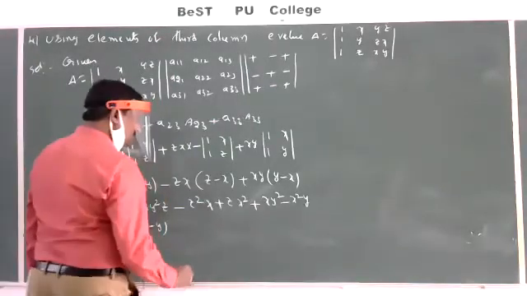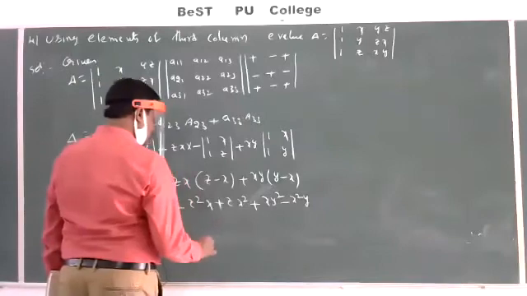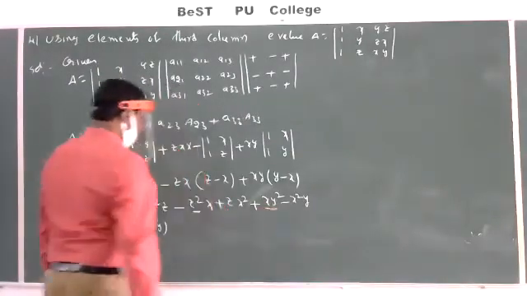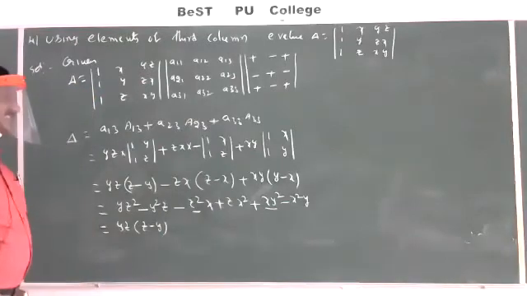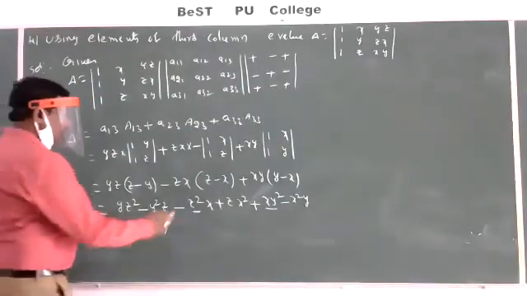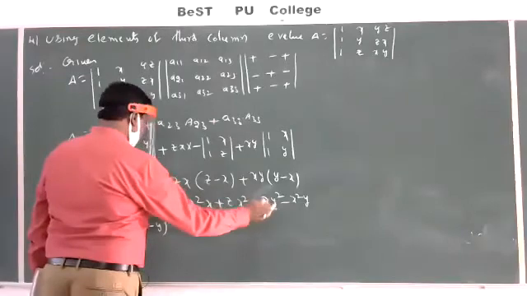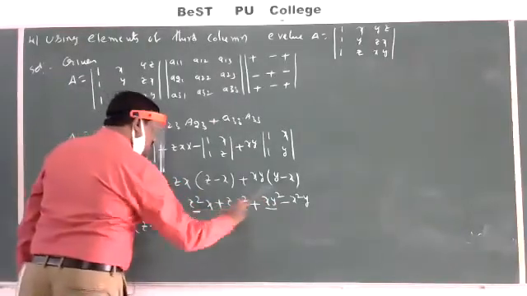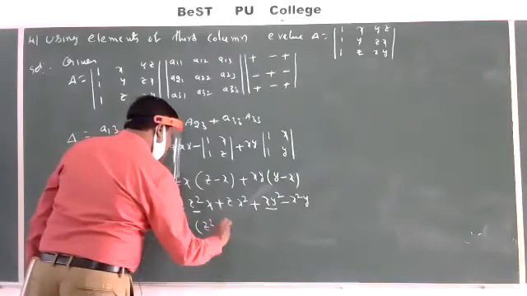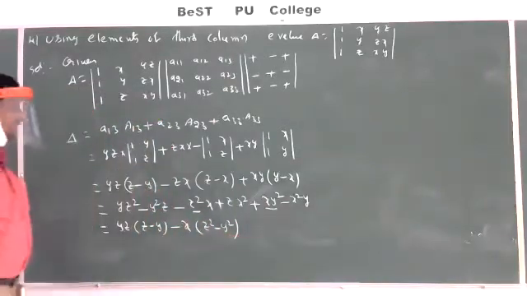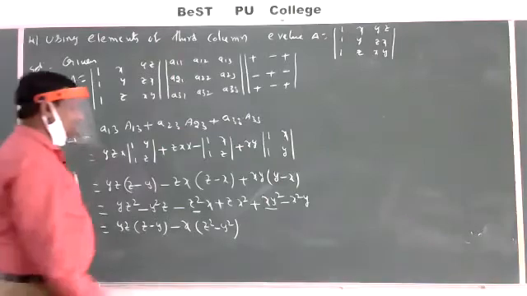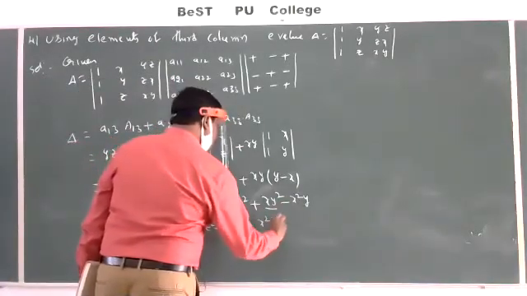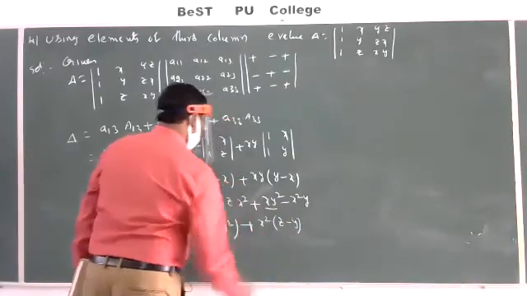From these two terms, if you take x common, minus z squared plus y squared, or if you take minus x common, this becomes z squared minus y squared. Now from the remaining two terms, x squared is common, then it is z minus y.